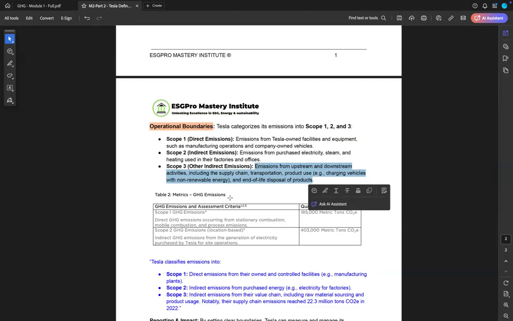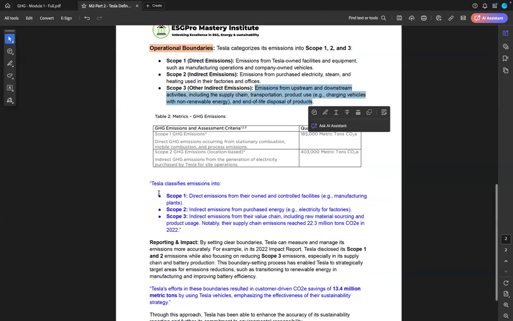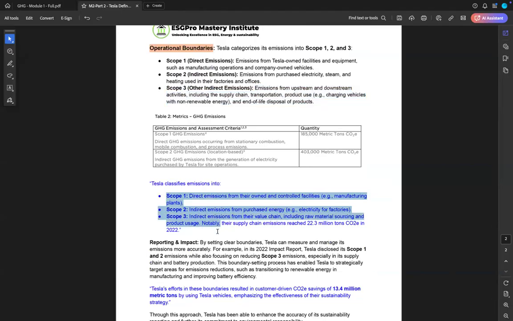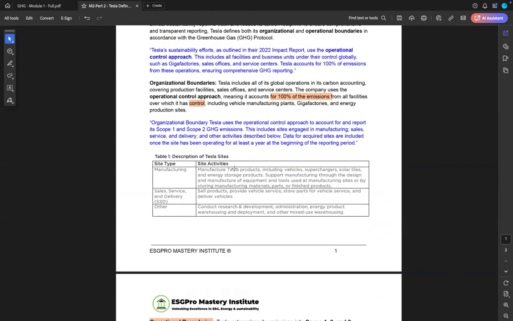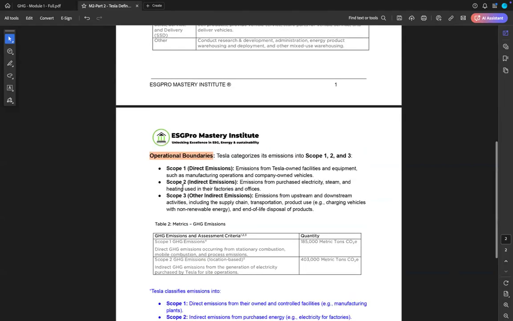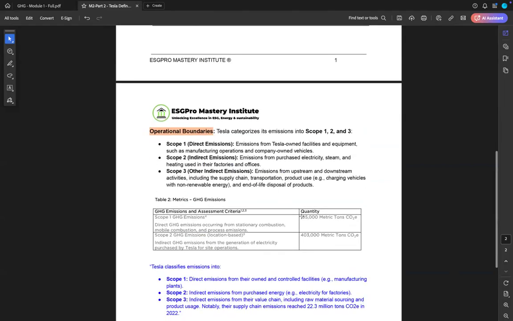And here the difference is that in operational, all scope 1, 2, and 3 are covered and emissions are measured. And in organizational, only scope 1 and 2 are measured. What we can see is that in scope 1 they measured 185,000 metric tons of CO2 equivalent, and in scope 2, 403,000 metric tons of CO2.